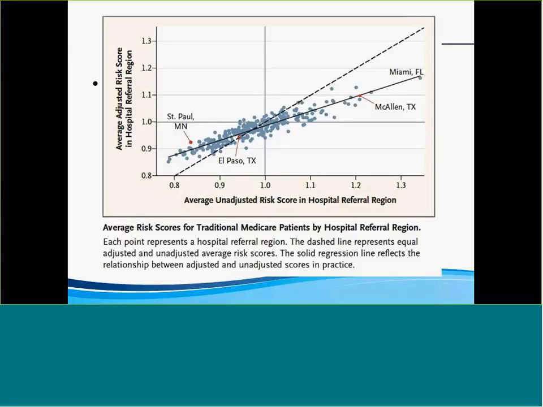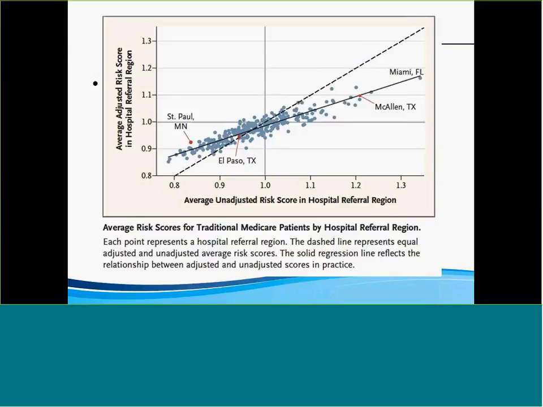The solid line shows a lot of deviance from this idealized comparison. And what that tells you is that for the same diagnosis, people in St. Paul, Minnesota are coded more intensively and get more money as opposed to Miami, Florida, and McAllen, Texas.